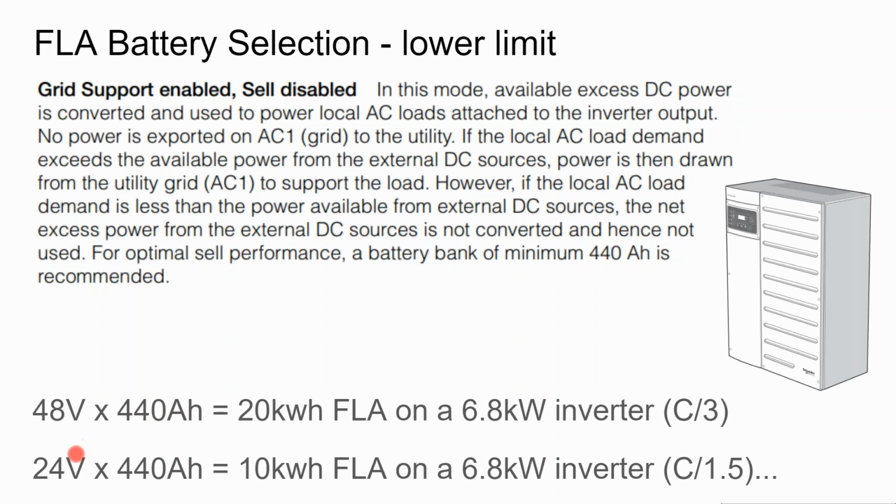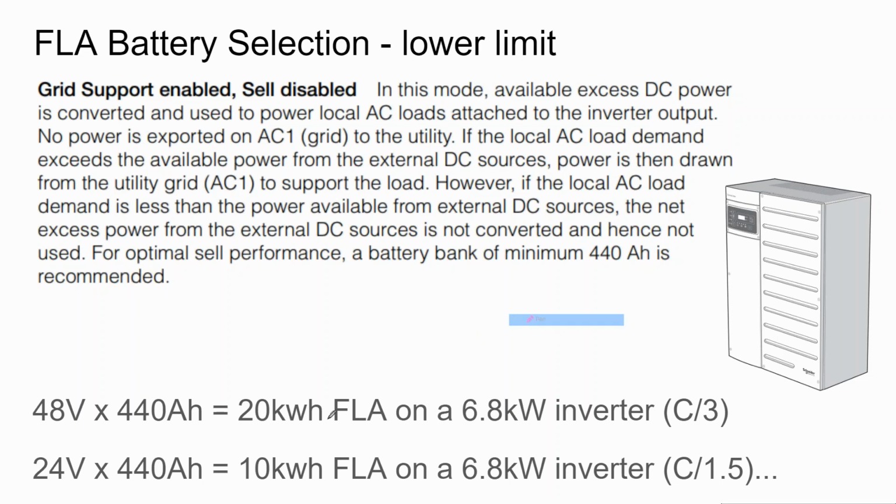If you wired a 24-volt, 440 amp hour, that's about 10 kilowatt hours of flooded lead acid. I think that's kind of interesting if you're on the fence between doing a grid tie inverter that doesn't have batteries and one that does.